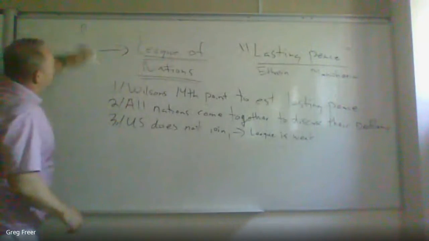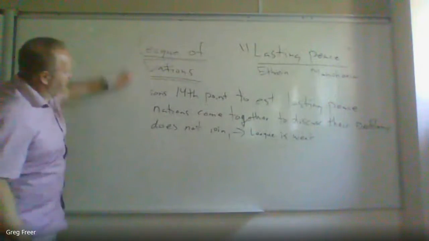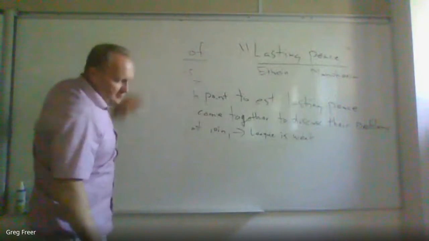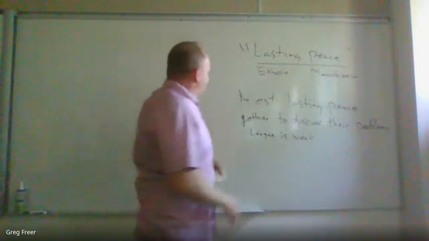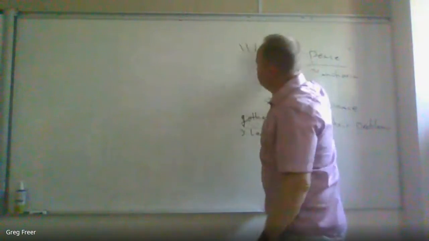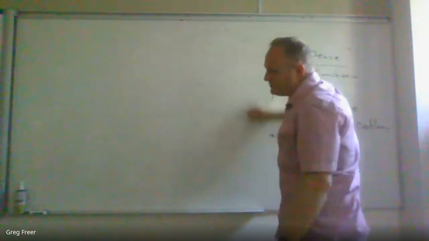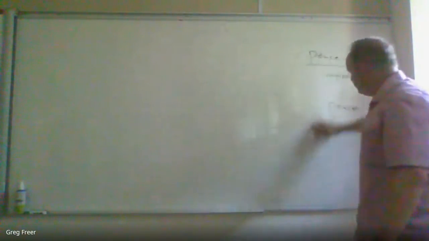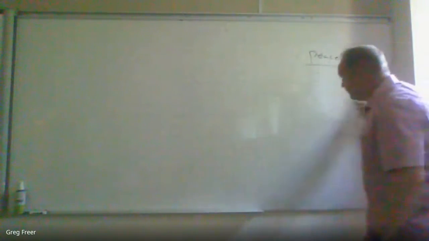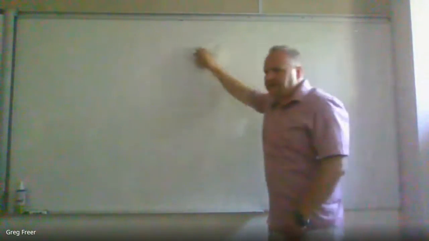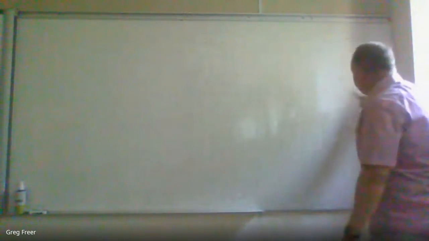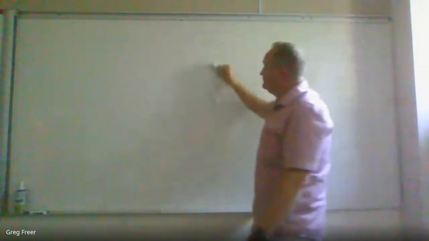But basically, it came out of the Treaty of Versailles. It was Wilson's 14th point. He had 14 points, and it was the 14th one. It was an attempt to get all nations together to work out their problems to avoid war. So it was a good idea. However, it was a dismal failure because they didn't let everyone join in the beginning.